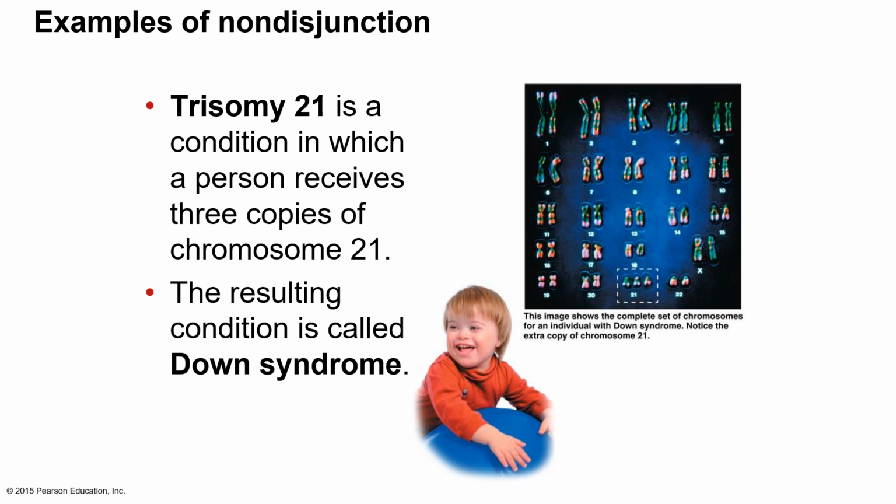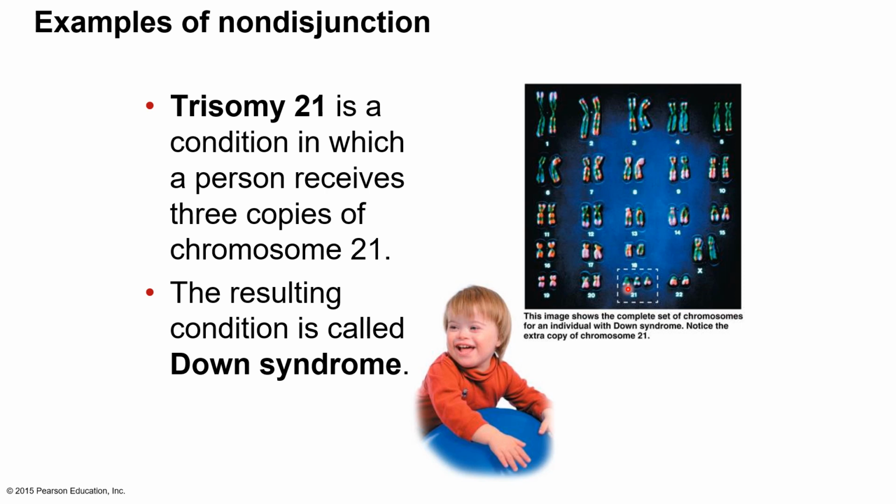An example of non-disjunction, where the chromosomes fail to separate and therefore the resulting offspring gets an extra copy, is trisomy of chromosome 21. If you look at their karyotype, a normal karyotype should only have 2 copies of each chromosome, one from your mom, one from your dad.